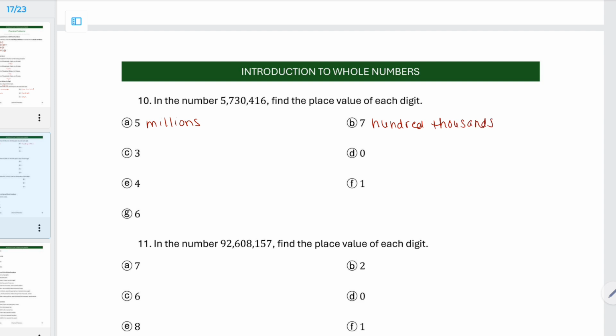The 3 is in the 10,000s place. The 0 is in the thousands place. The 4 is in the hundreds place. The 1 is in the tens place, and the 6 is in the ones place.